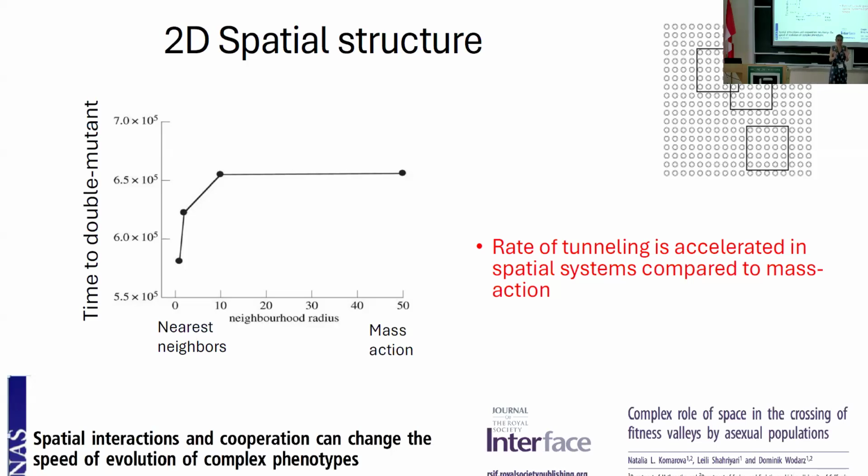You only compete with your neighbors. You can compete with your closest neighbors, or maybe the second closest. You can expand the range at which you sense other cells and you compete with them. The larger the range, the closer you are to the non-spatial simple Moran process. So the effect weakens. But if you have some neighborhood, again, the evolution is sped up significantly.